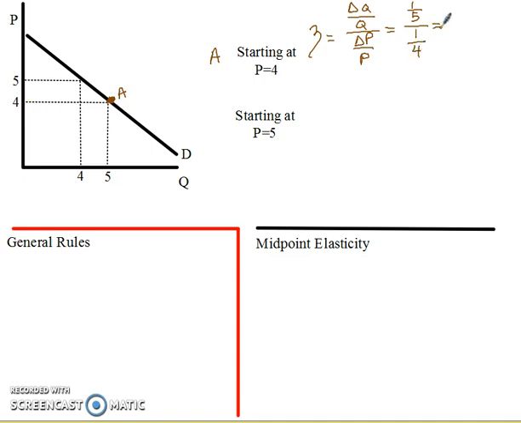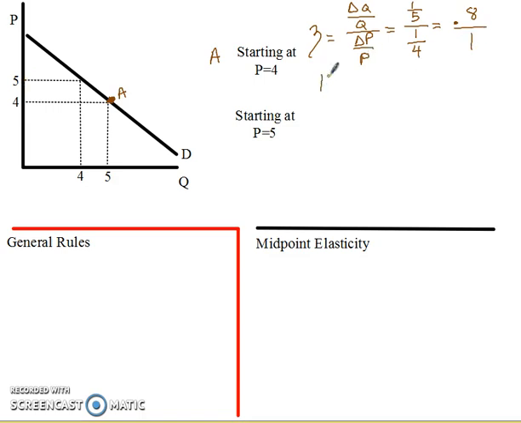And now it becomes a calculator exercise. You plug the numbers into your calculator, and you should get an elasticity equal to 0.8, or we'll say 0.8 over 1. And remember, I always like to say 0.8 over 1. So what does that mean? That means here when the price goes up from $4 to $5, the denominator is the change in the price.